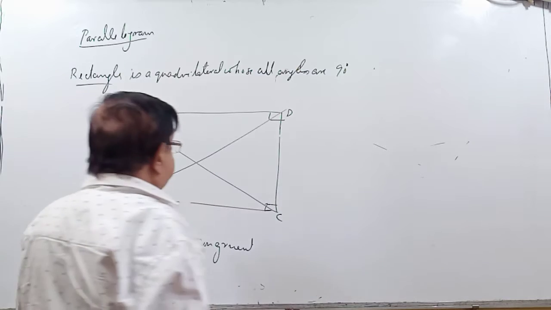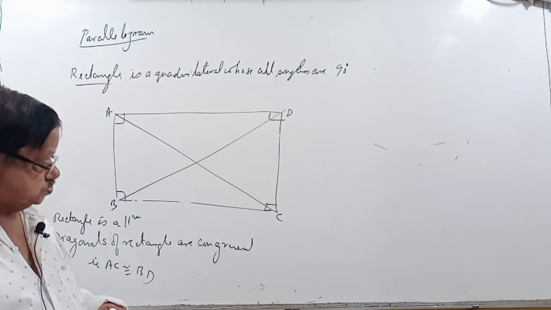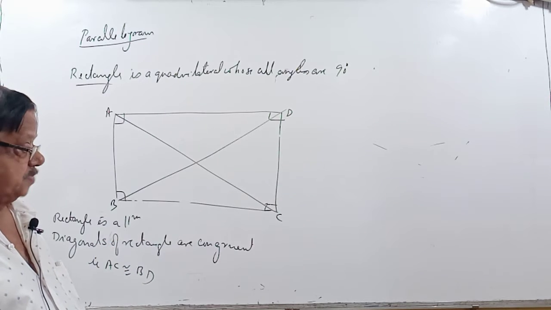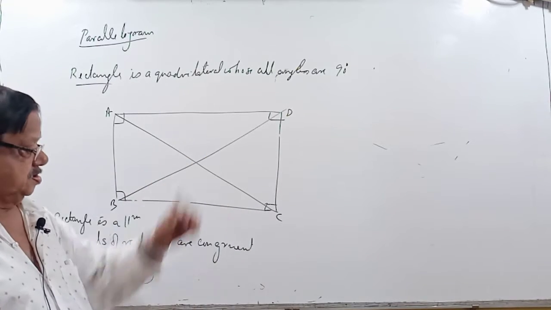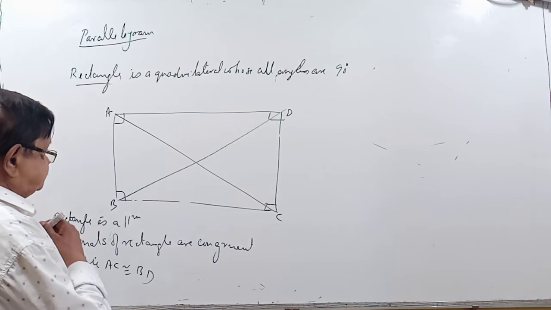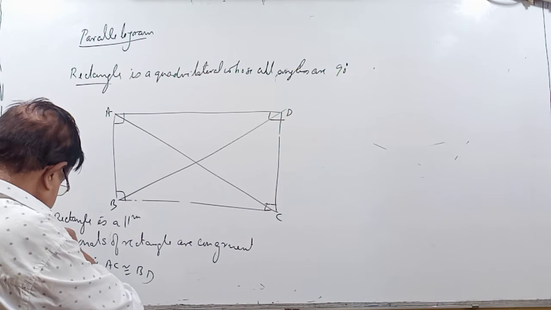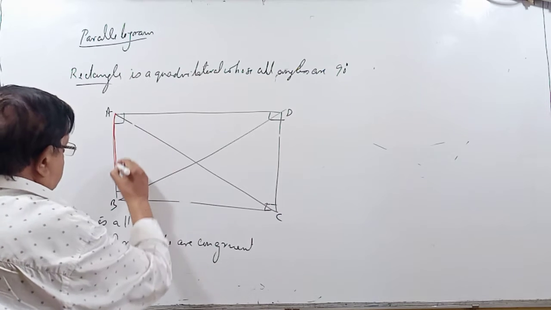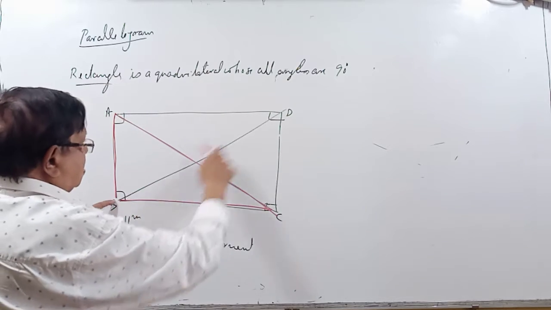Next is to prove anything which I say, I have to prove that. So, to prove this, rectangle is a parallelogram. I told you, because opposite angles are 90 degrees, this is also 90 degrees. So, definitely, if I take the triangle, this triangle and the other triangle.